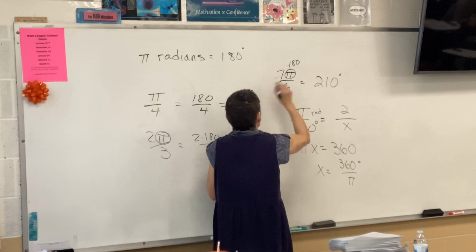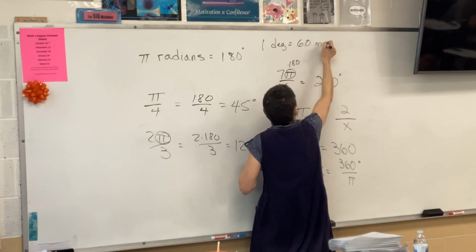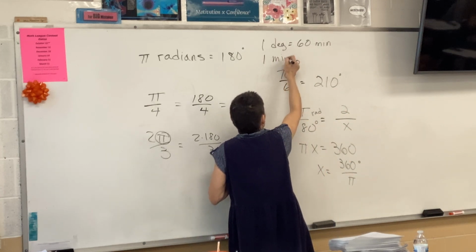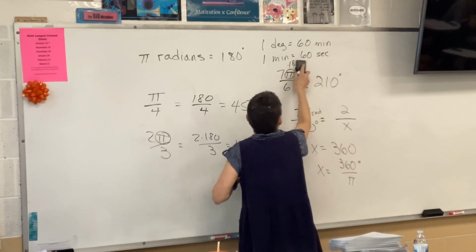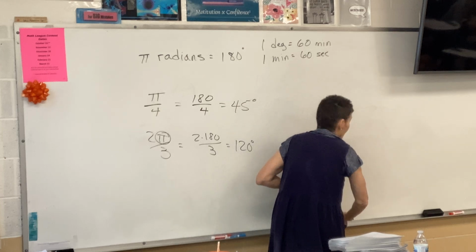So 1 degree is 60 minutes, and 1 minute is 60 seconds. Angles in degrees work just like hours on the clock.